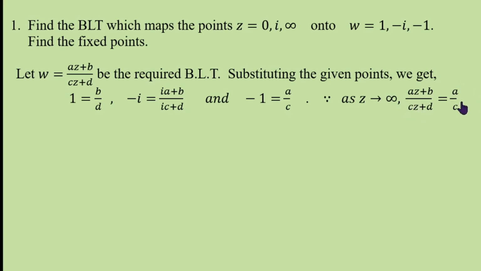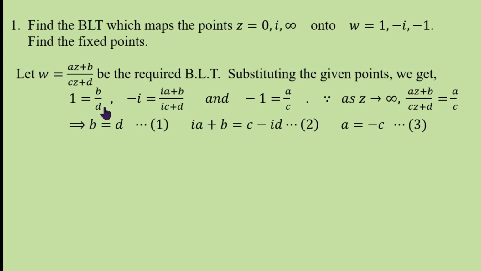So, A by C. Now, 1 equal to B by D is one equation, obtained by substituting Z is 0 and W is 1. With Z is i and W is minus i, you get minus i equal to (iA plus B) by (iC plus D), and minus 1 equal to A by C.